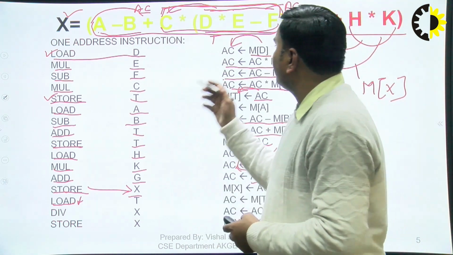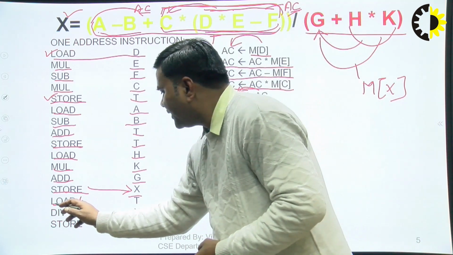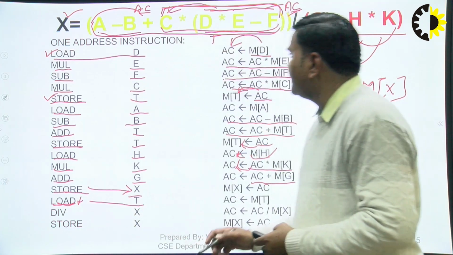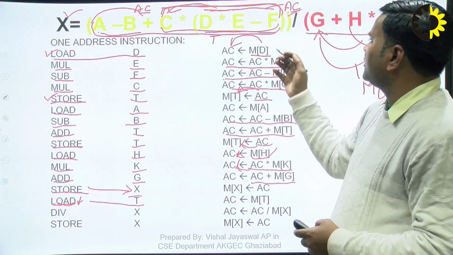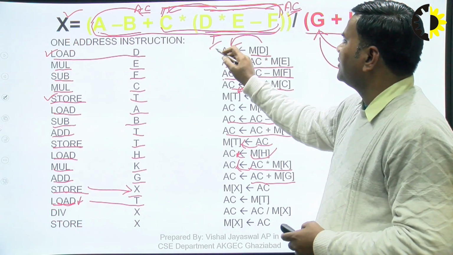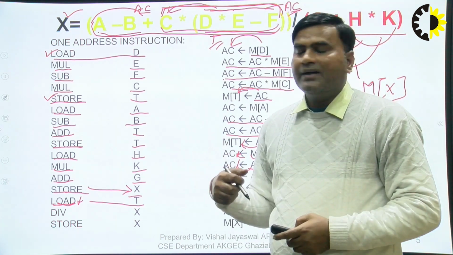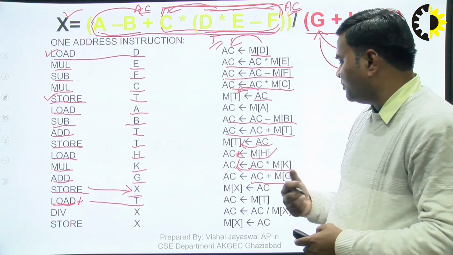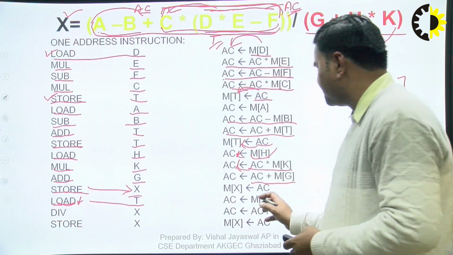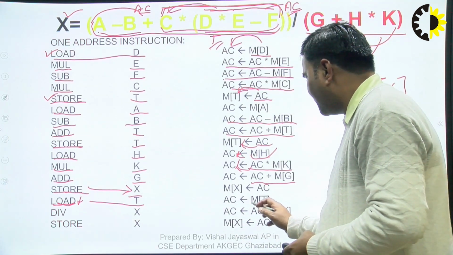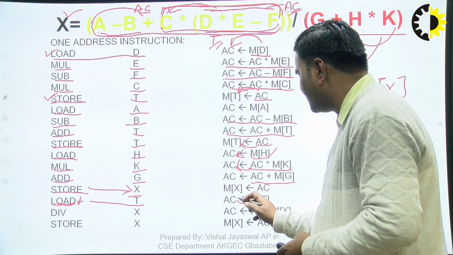After that we first load T. Load T means the whole numerator part is in T, so we load T from the memory and transfer it to the accumulator register. So load T means M of T is transferred to the AC.